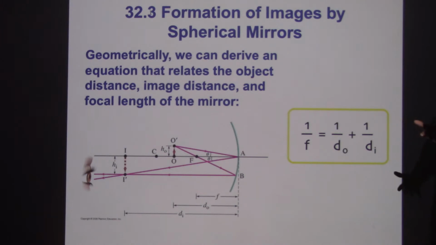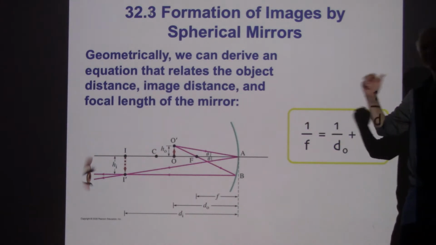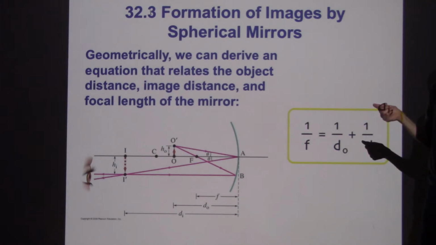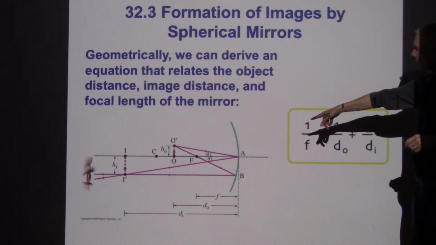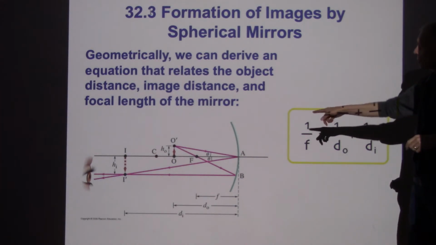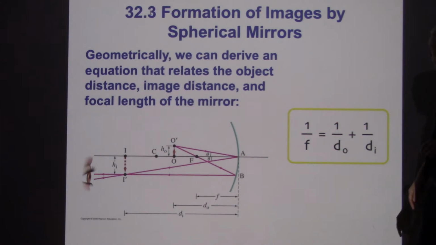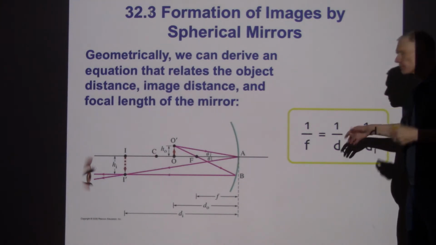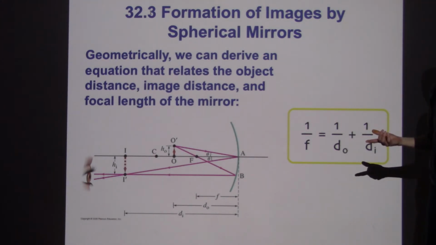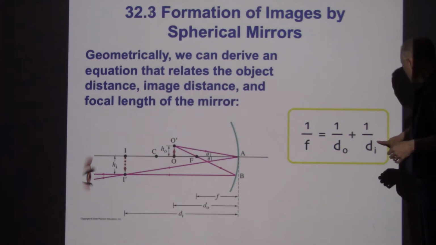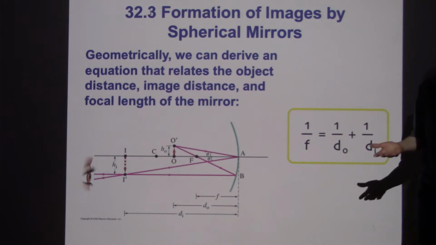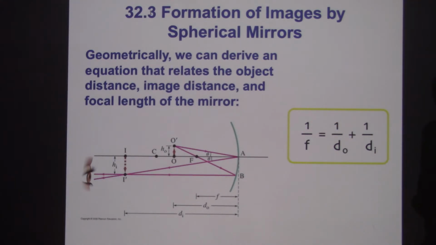A couple things to be aware of. The formula itself is pretty straightforward, but focal lengths can be positive or negative, depending on whether we have a converging or diverging mirror. Object distances can be positive or negative, depending if the object is real or virtual. And image distances can also be positive or negative. We mentioned that, depending on if it's real or virtual.